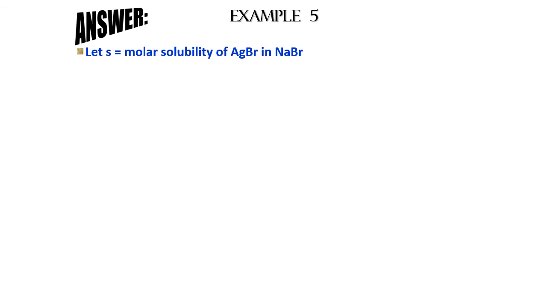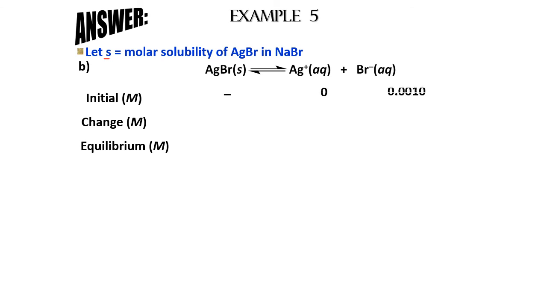Next, let s be the molar solubility of silver bromide in sodium bromide. Just now we used x, now we use s. So the concept is still the same, balance the equation, ICE table. But for this case, the initial concentration of bromide ion is 0.001. Then the change is positive s, so this is 0.001 plus s.